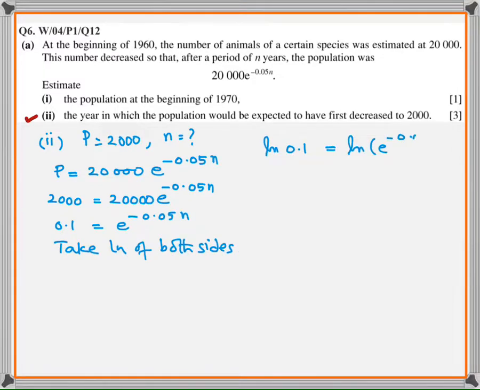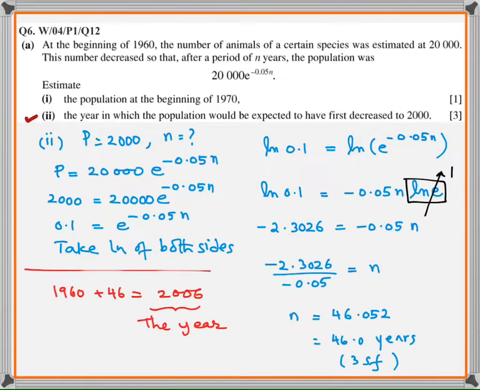Again, reassure yourself. Be very clear in your concept. We are taking ln because we are dealing with e. And hence you find the value of n. n comes out to be 46 years, but they are asking in which particular year, like the year 2020 that we are living in. So from 1960, 46 years have passed. So this is talking about the year 2006.